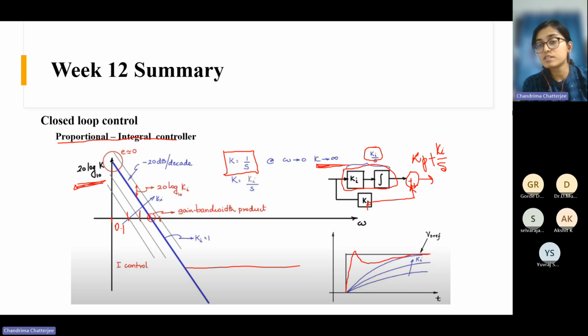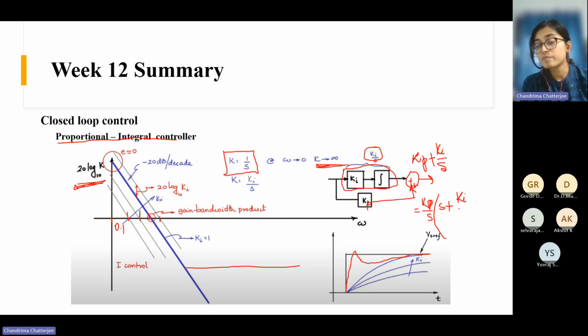If you again simplify it, Kp plus Ki by s, take Kp by s common. Then you will get s plus Ki by Kp, right?